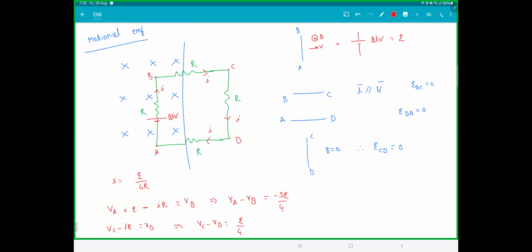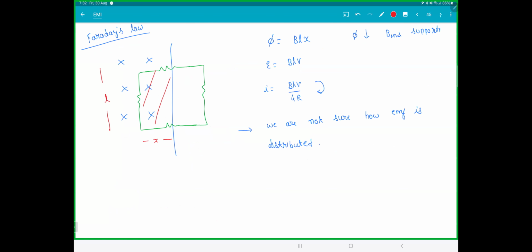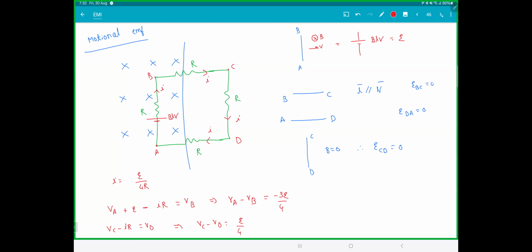That was a catch. In the rod CD, there is no battery. In the rod AB, there is a battery. So that EMF which Faraday was talking about is true, but all that EMF is only on the AB rod. Is this clear, everyone? Do have a look at this. Clear, na, Aditya?